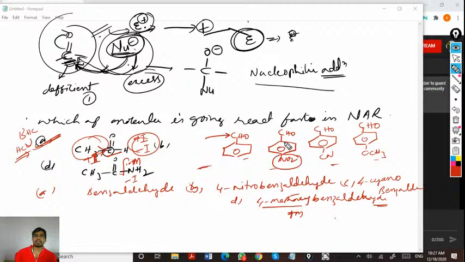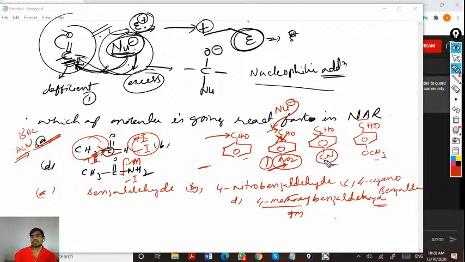Nitro is going to withdraw the electron density. Cyano also withdraws the electron density. When the carbon feels the deficiency of electrons, it can accept electrons more readily. So nitro will give the faster reaction, or more reactivity, in nucleophilic addition reaction. In decreasing order, this is the highest reactive.